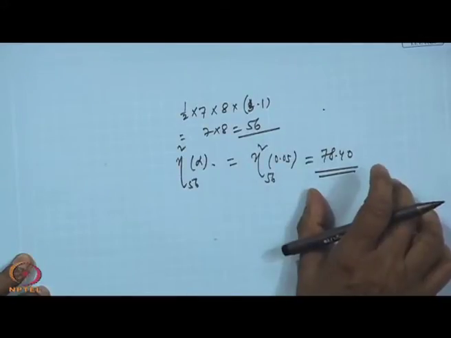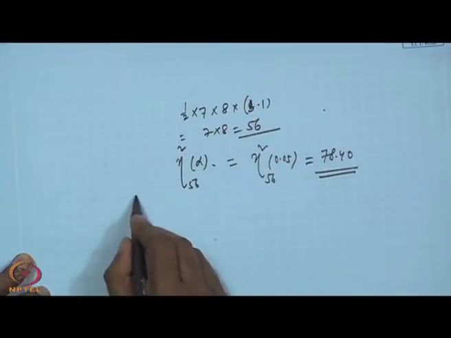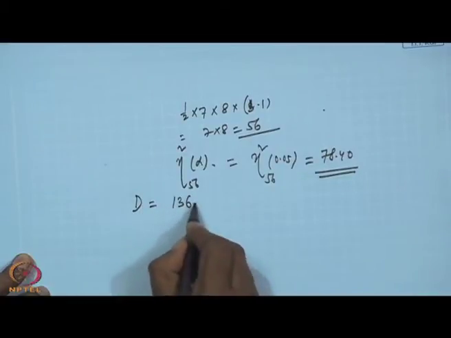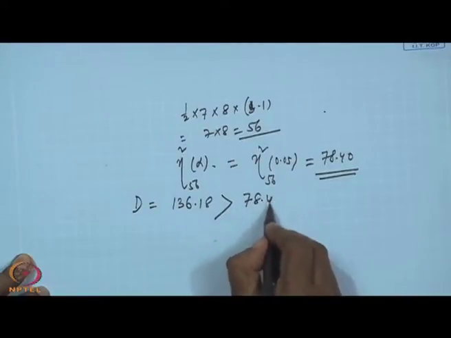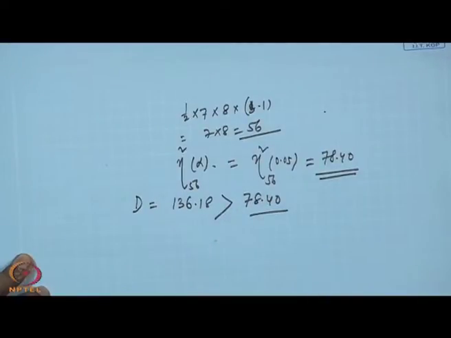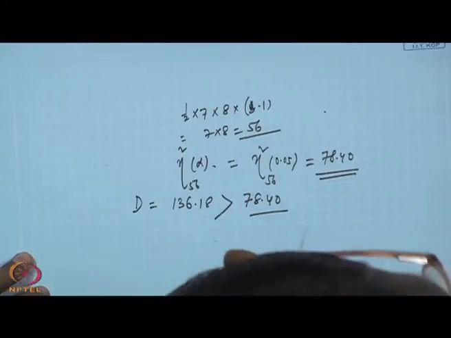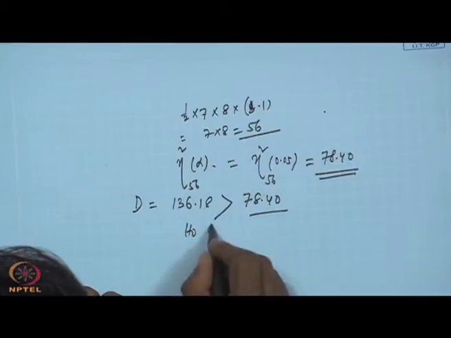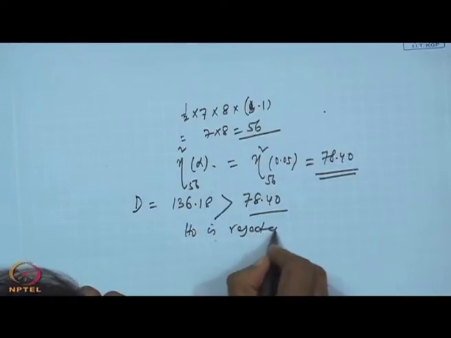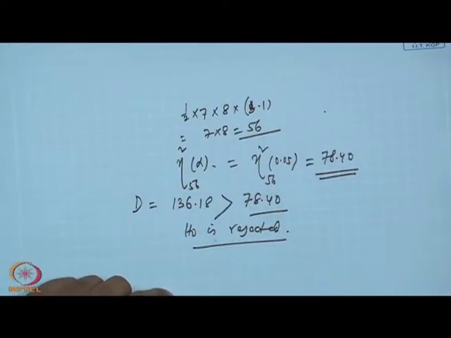Now, this 78.40 and your computed statistic D is 136.18, which is greater than the tabulated one, 78.40, that means null hypothesis is rejected. So, H0 is rejected. What does it mean? It means covariances are not equal.